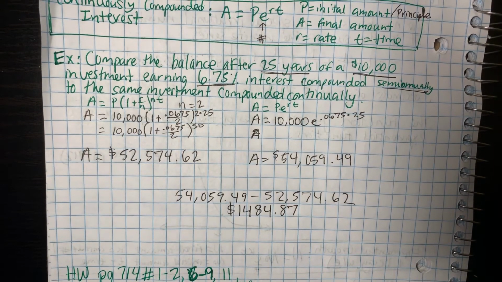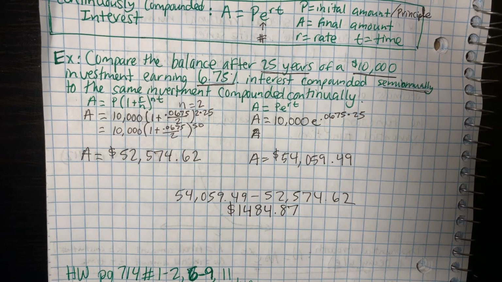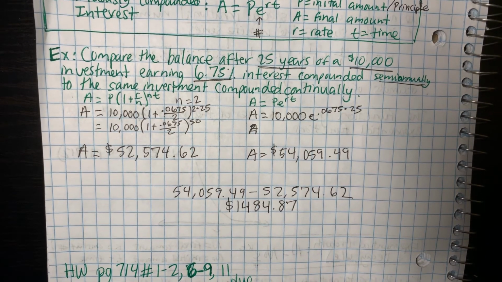So about $1,500, which is pretty awesome. You have a problem you're going to work on tonight that's going to work on compounding in all different forms. I think it does annually, semi-annually, quarterly, monthly, daily, continuously. So you can kind of see the growth over that much time and how that actually changes it, which is pretty cool to see. Kind of good for future knowledge.